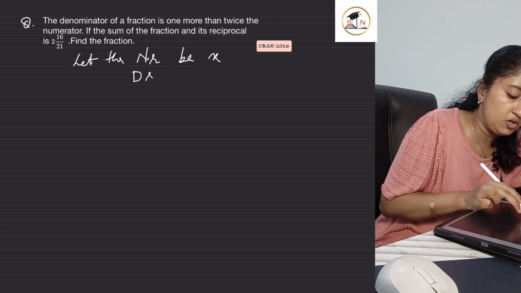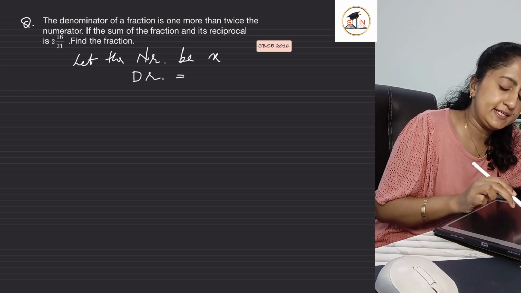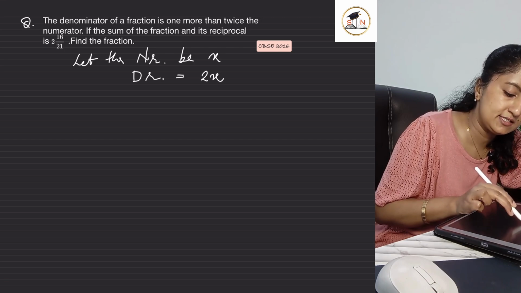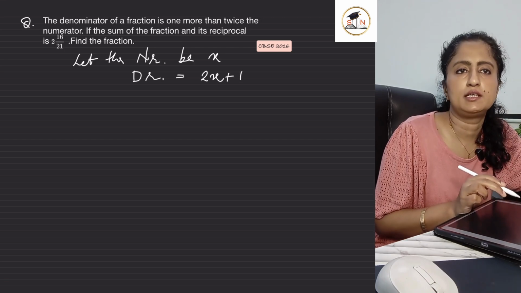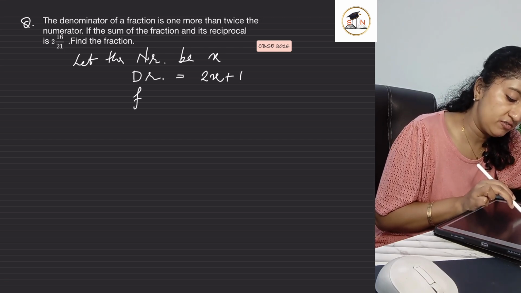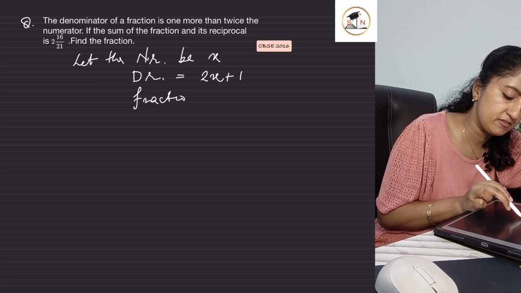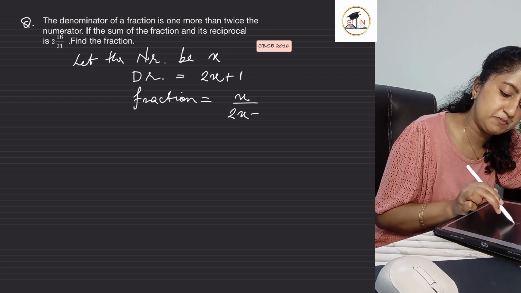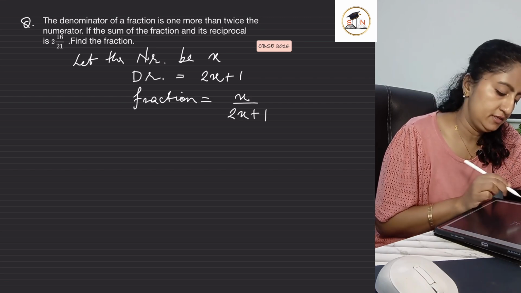So what is going to be the denominator? It is 1 more than twice the numerator. So 2x plus 1, right? Now, what is going to be the fraction? It is x over 2x plus 1, right?